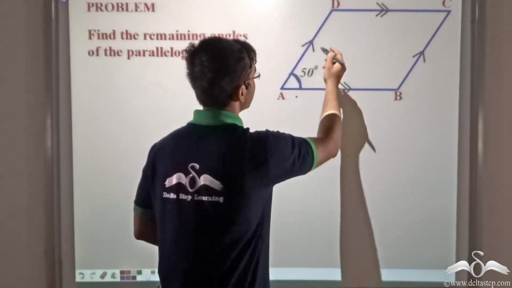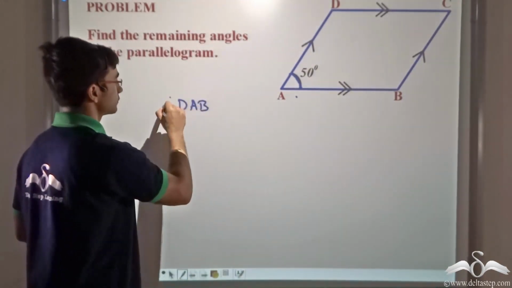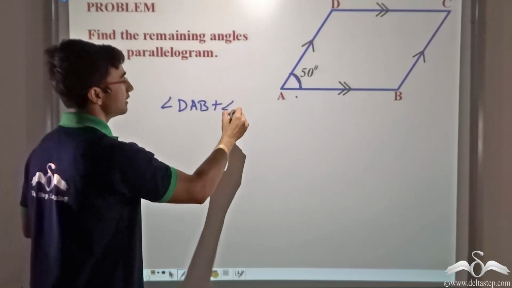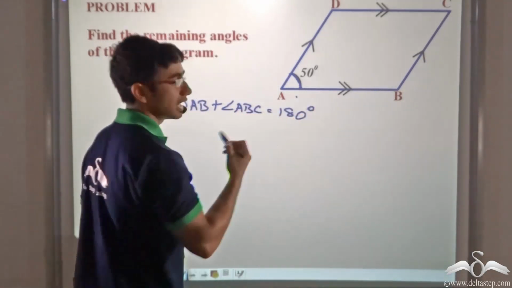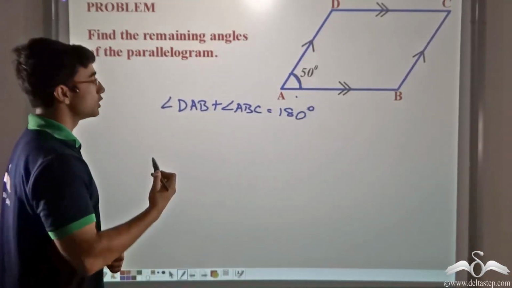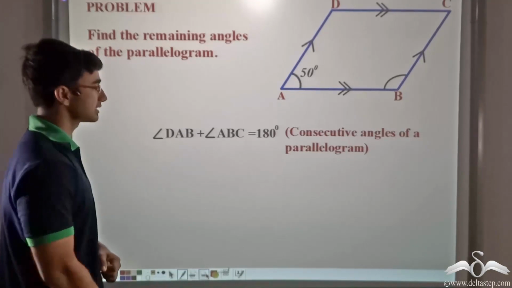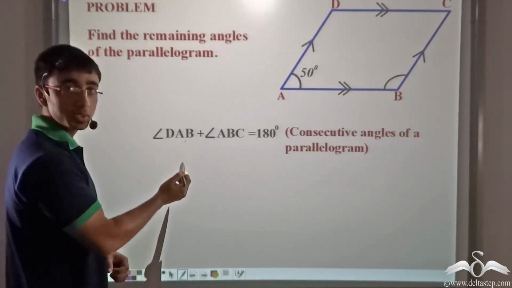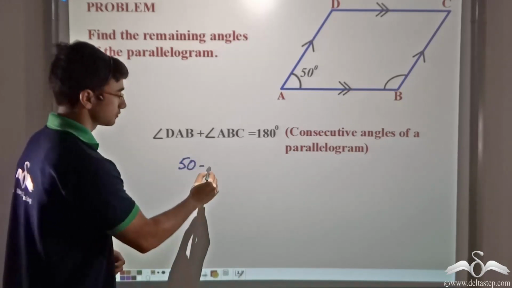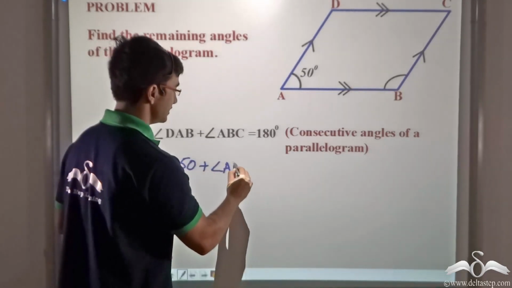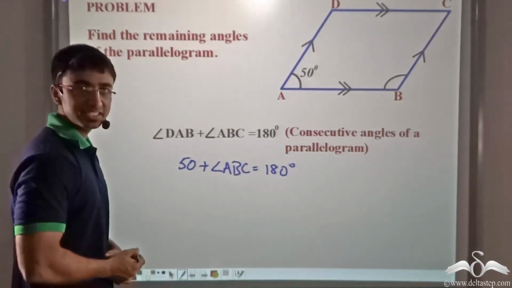I can say that angle DAB plus angle ABC will be equal to 180 degrees, and we know the value of angle DAB, that is DAB is equal to 50 degrees. So I can write 50 plus angle ABC is equal to 180 degrees.